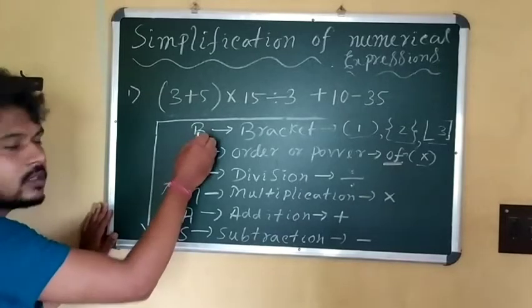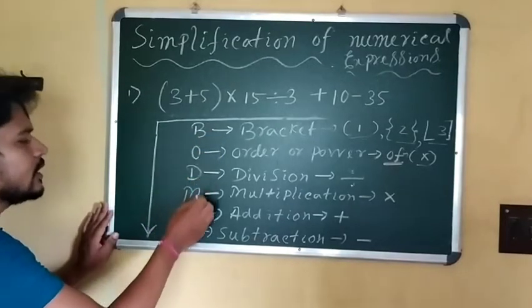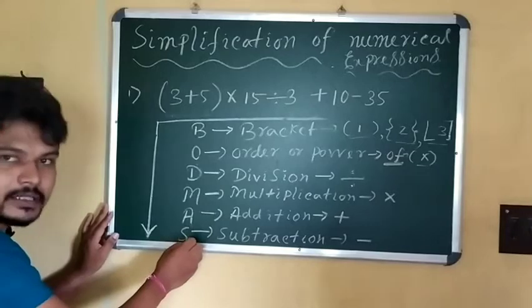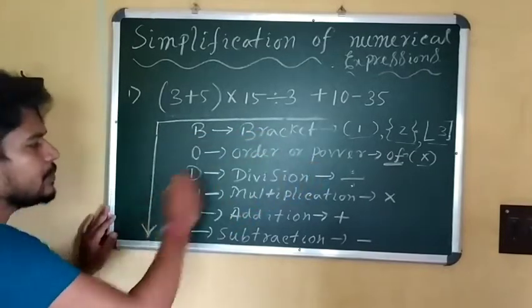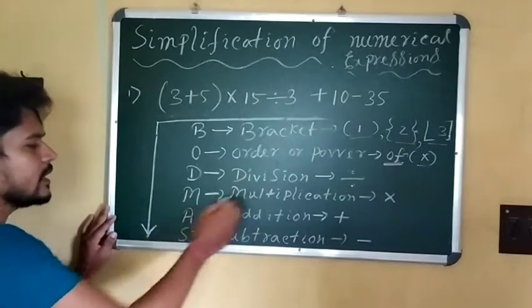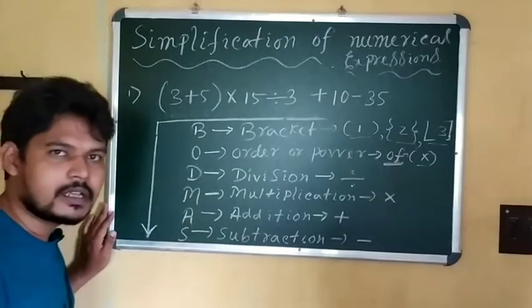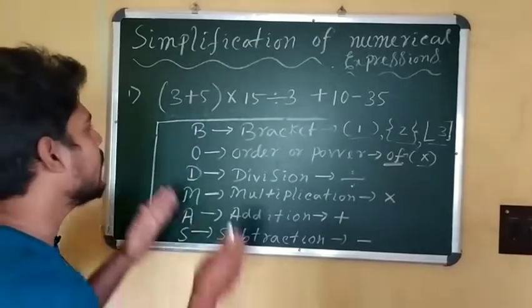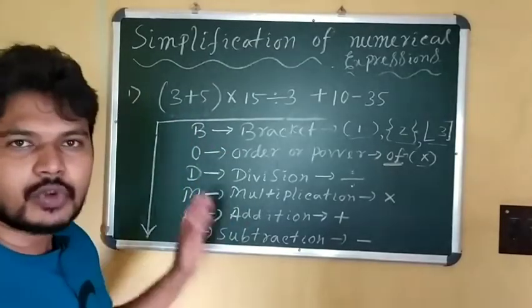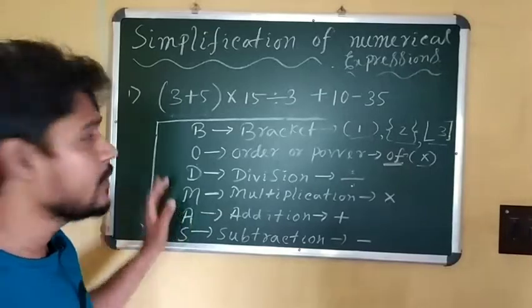At first B, then O, then D, then M, then A, then S. That means at first bracket, then of, then division, then multiplication, then addition, then at last subtraction. So that is the BODMAS rule, and we have to apply this rule to solve the numerical expression.